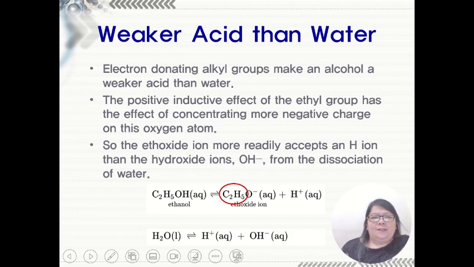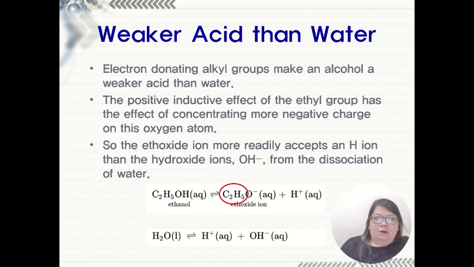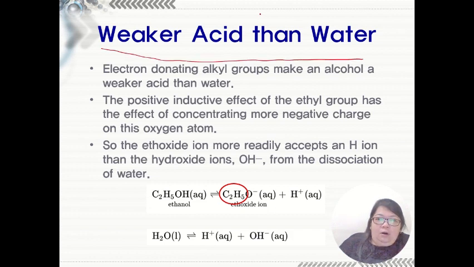Then now let's compare the acidity of alcohols with water. So all alcohols are weaker acids than water. Now, why are they weaker acids than water? Because all alcohols contain electron donating alkyl groups.